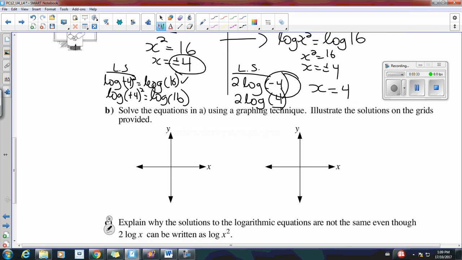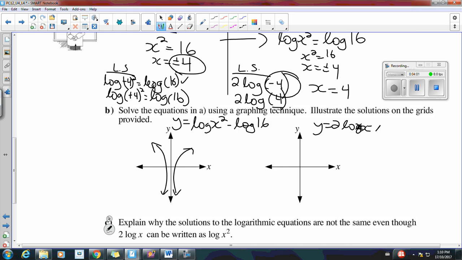You could solve this by graphing as well. If you graph the first one, so if you graphed y equals log of x squared minus the log of 16, you get this. Whereas here, if you graphed y equals 2 log x minus the log of 16, you would only get this portion of it.